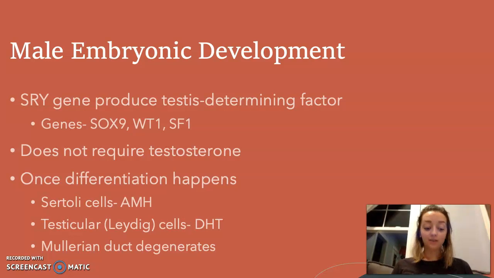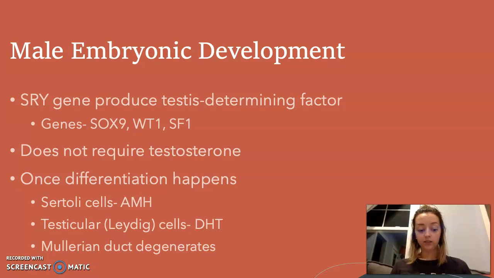After differentiation happens, three hormones will begin to be secreted. The Sertoli cells secrete anti-Mullerian hormone, which causes the Mullerian duct to degenerate.